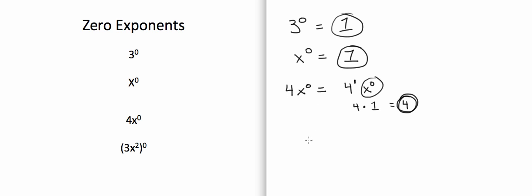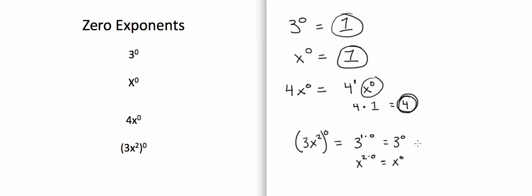Okay, and if we take a look at this next example, we have 3x squared, and that whole thing's raised to the 0 power. Now remember, how we attack this one is, this is 3 to the first and x squared, and we multiply our exponents. So that's going to give us 3 to the 0 power. We multiply our exponents again, and we get x to the 0 power.